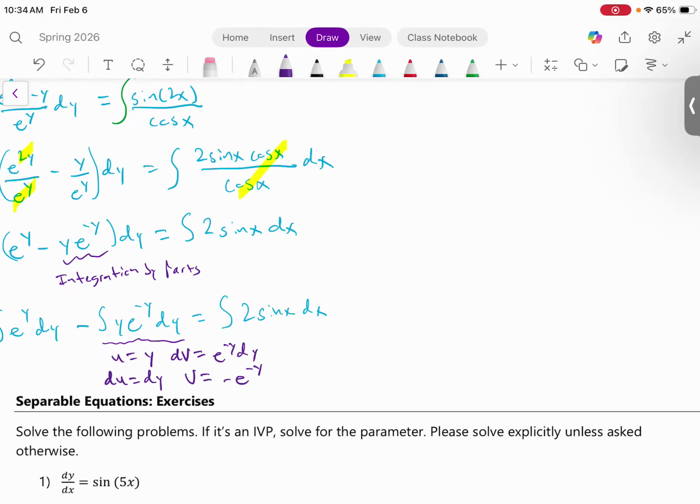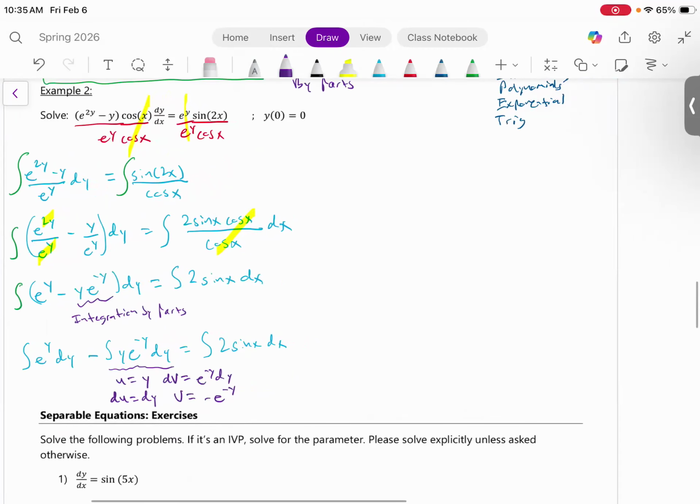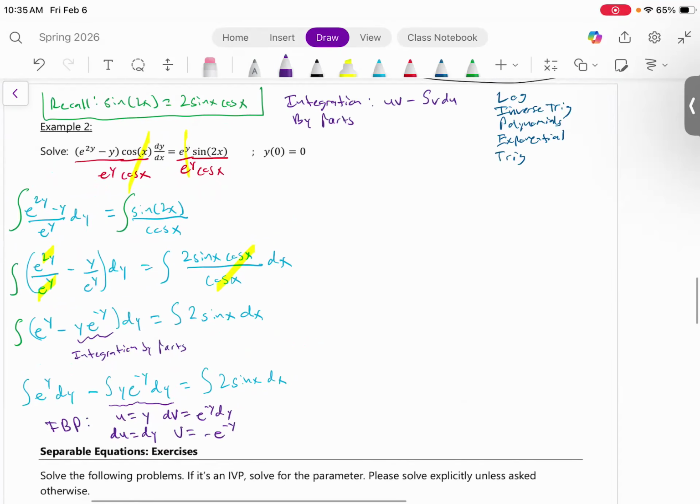It would just be negative e to the negative y. Okay, so that's my setup for integration by parts. I'll label it IBP.